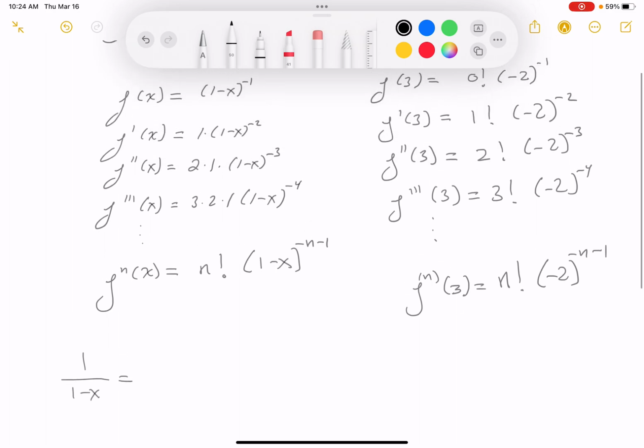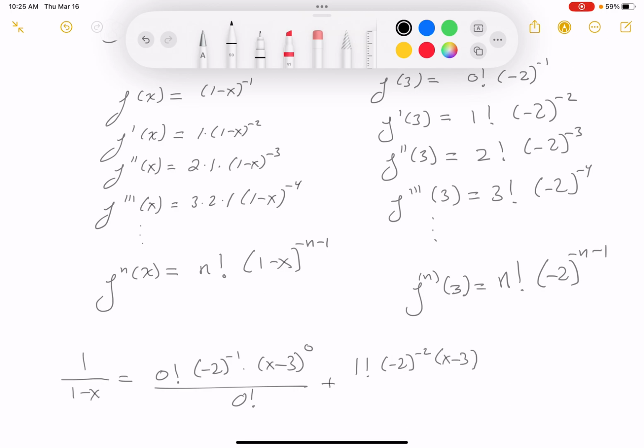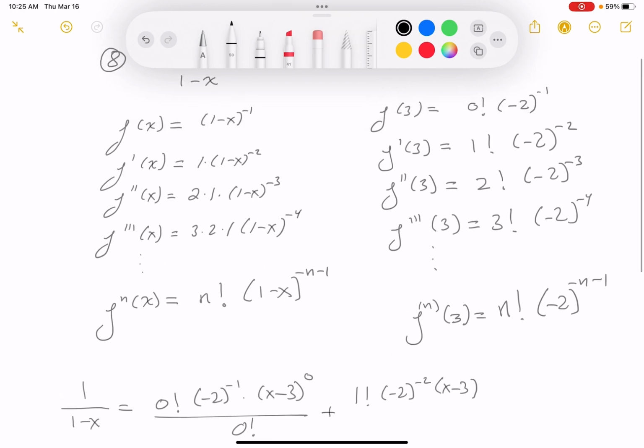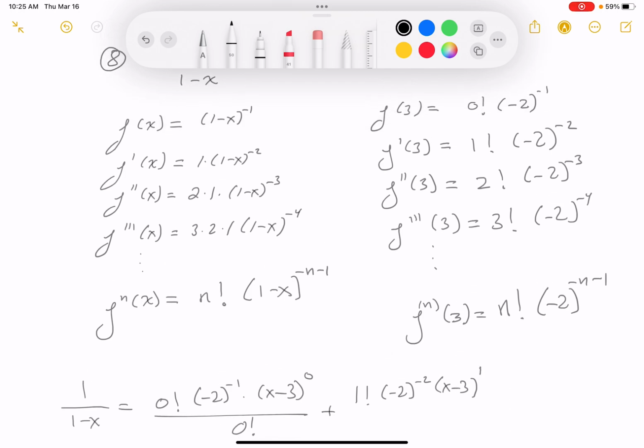It's going to be, let's see, 0 factorial times minus 2 to the minus 1, times (x minus 3) to the 0 over 0 factorial, plus 1 factorial times minus 2 to the minus 2, (x minus 3) to the first power over 1 factorial.